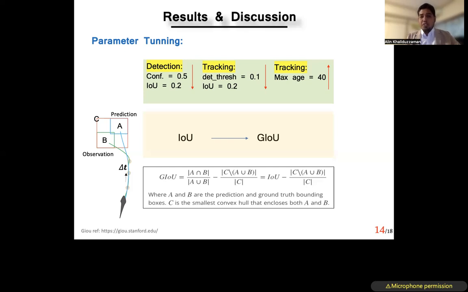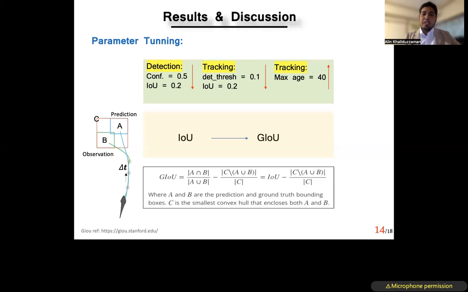Another approach is using GIoU instead of IOU, the generalized intersection over union. In the left diagram, we can see how it is calculated.